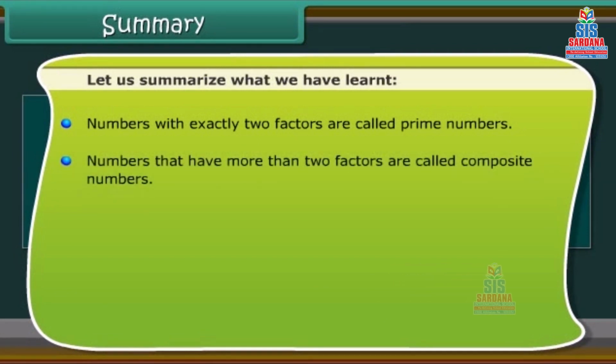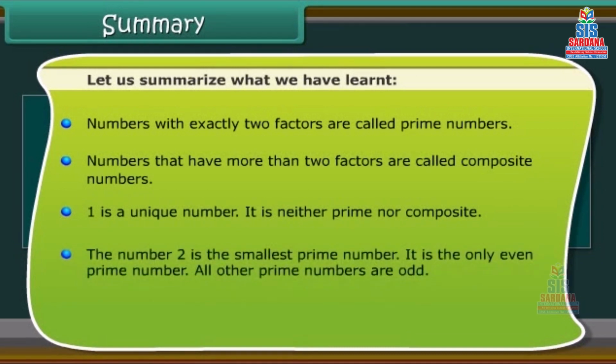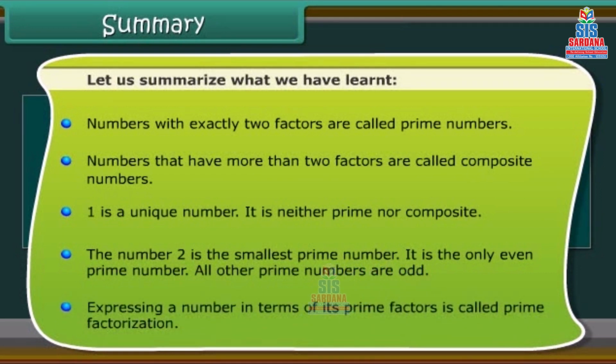Numbers that have more than 2 factors are called composite numbers. 1 is a unique number. It is neither prime nor composite. The number 2 is the smallest prime number. It is the only even prime number. All other prime numbers are odd. Expressing a number in terms of its prime factors is called prime factorization.